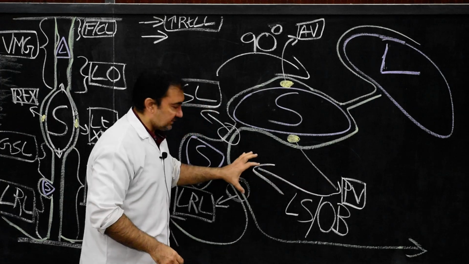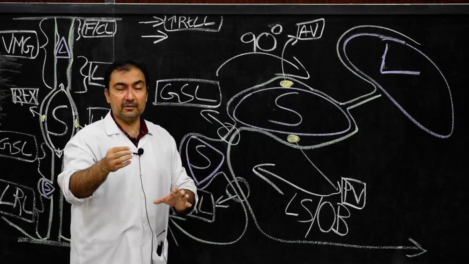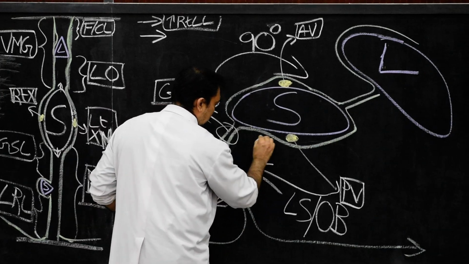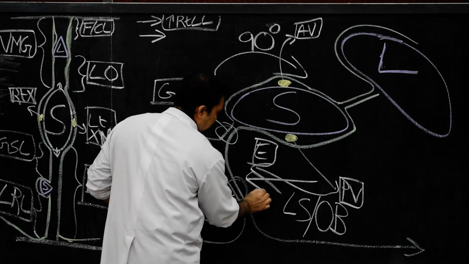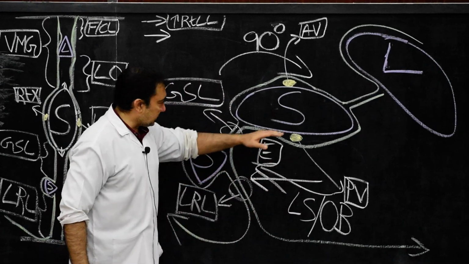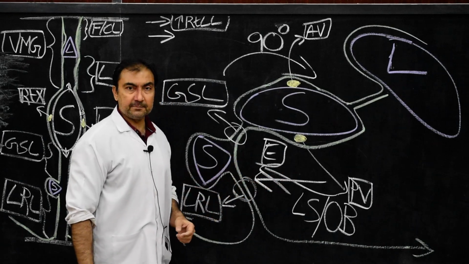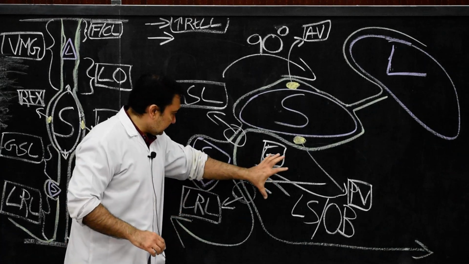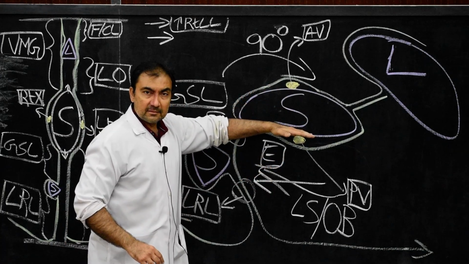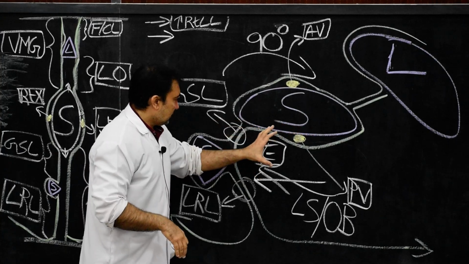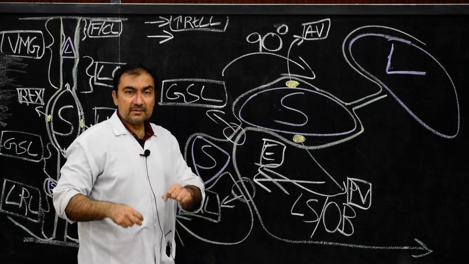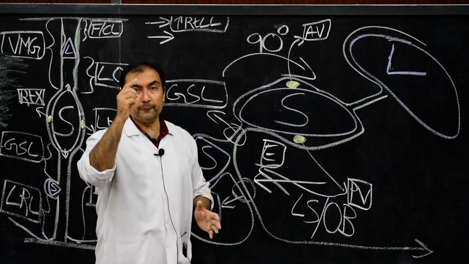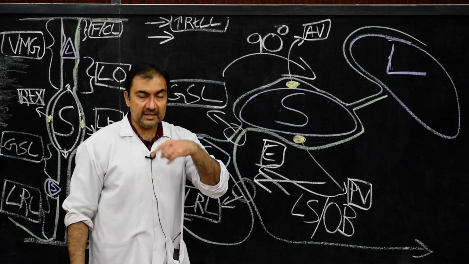Because of the pushing, or rather the extension, the proper word is extension, of the lesser sac posterior to the stomach, dorsal to the stomach, and in the left direction, there will be this rotation of the stomach, and therefore caudally the dorsal mesogastrium will extend caudally and become the folds of greater omentum. Try and understand this second factor.